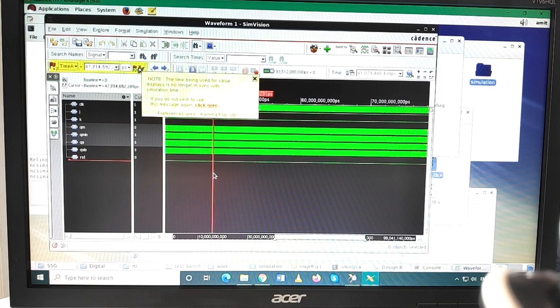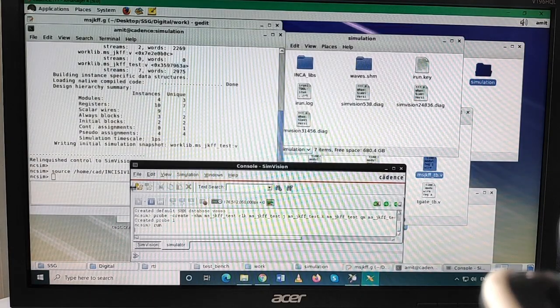With the help of the marker you can validate the truth table of MS JK flip-flop. Okay, so simulation is done.